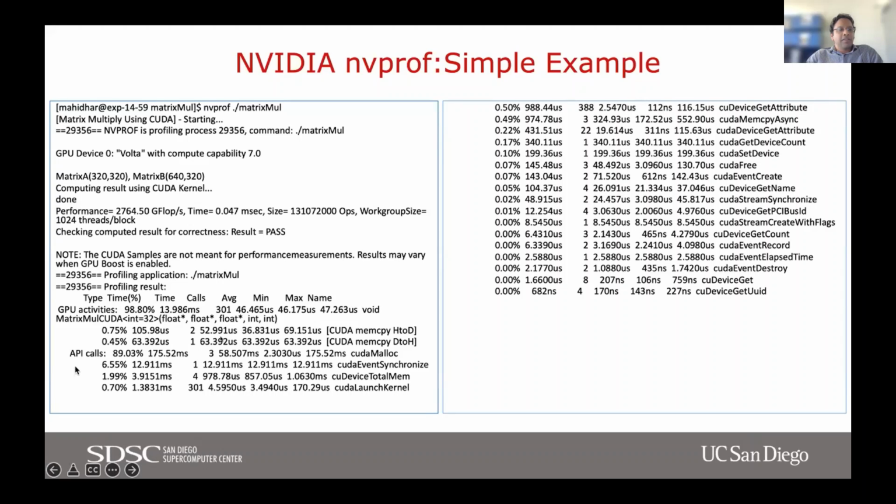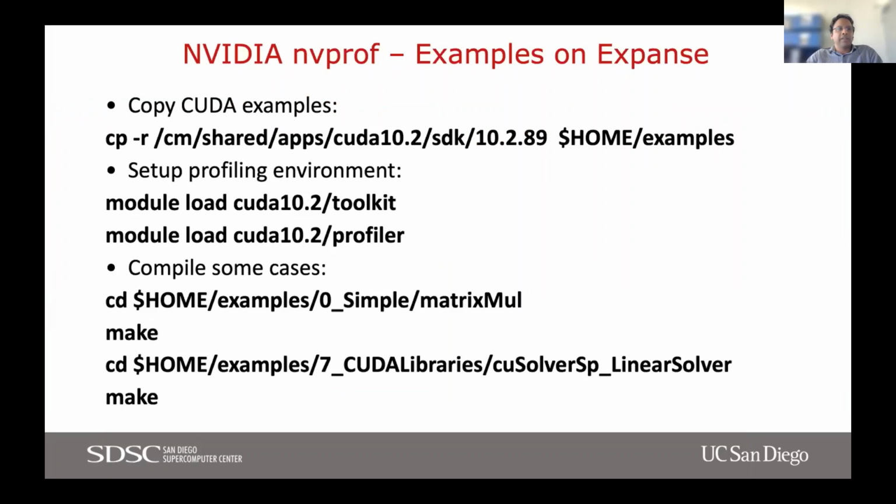So you can see quite a bit of time being spent in the memcpy from the host to the device and then device back to the host. A lot of time there. But then, you get quite a bit of detail.